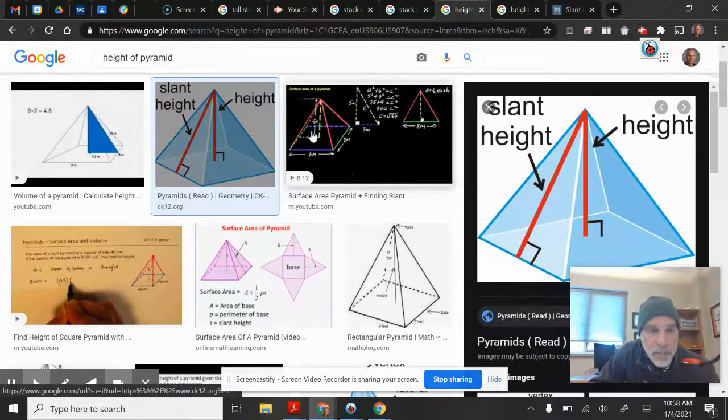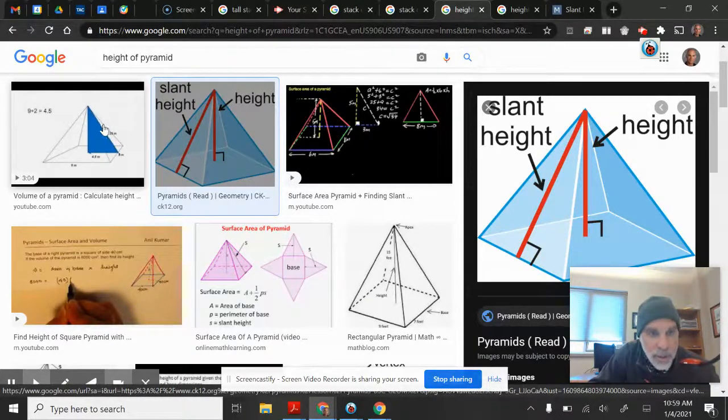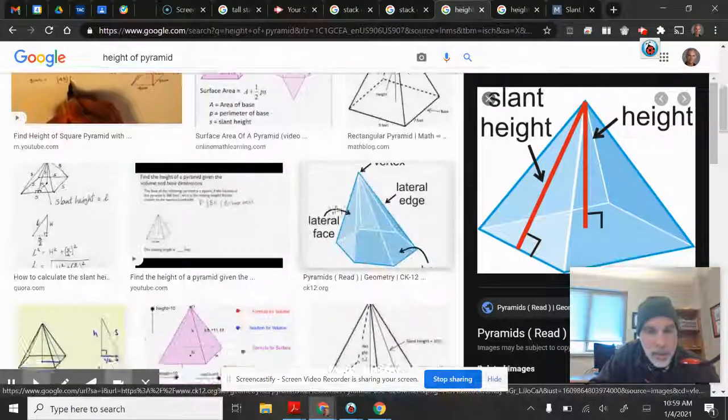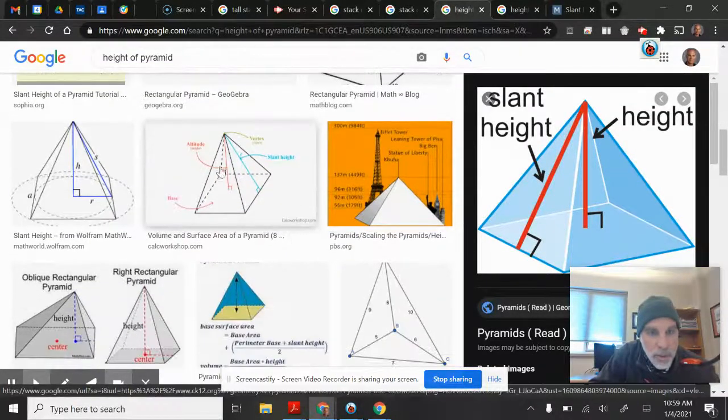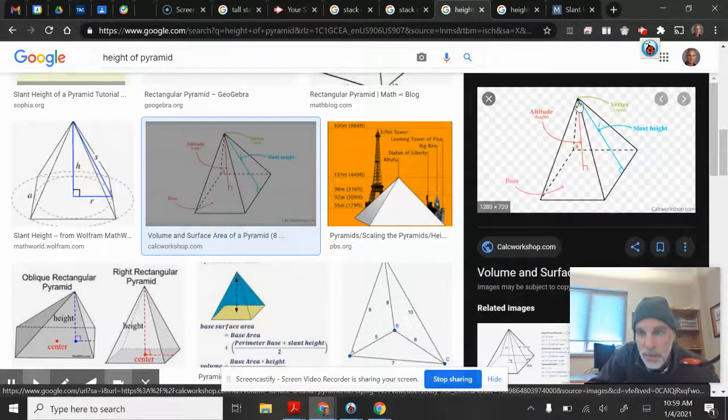And you can see some pictures in here where they formed a triangle. This right here would be the height. This out here would be the slant height. There may be some other good pictures in here. Here's one that's decent. The altitude, okay, there's a word for us, altitude, and it says in parentheses height. All right, and then this out here is the slant height, and there's the word apex there.